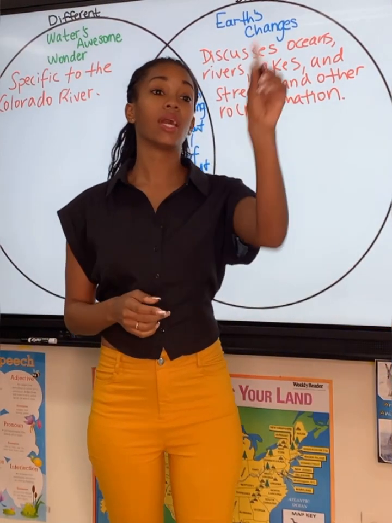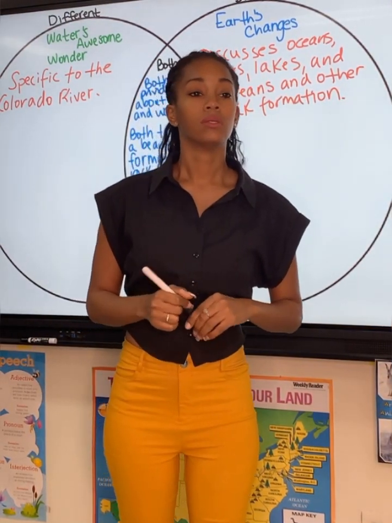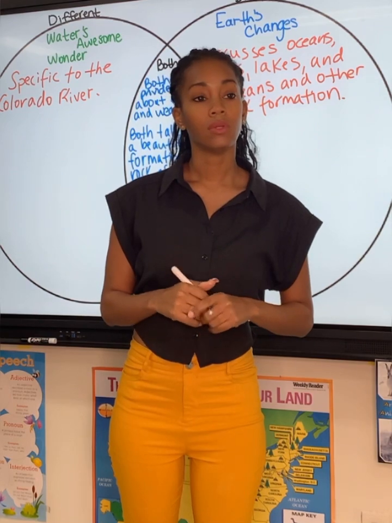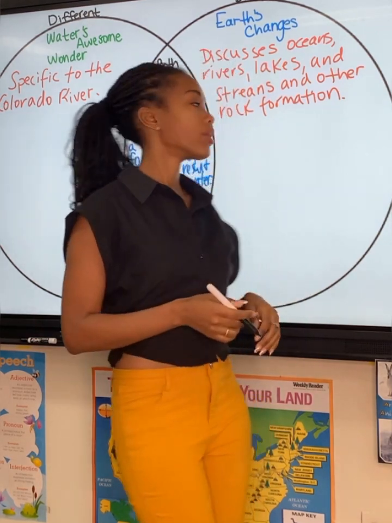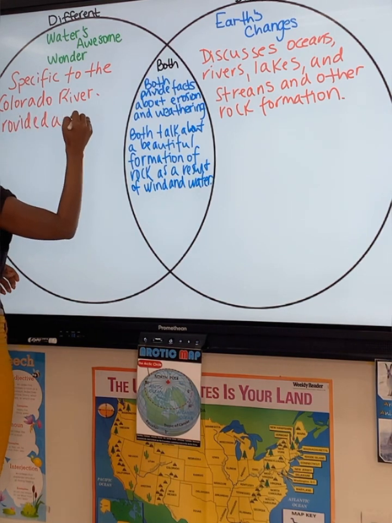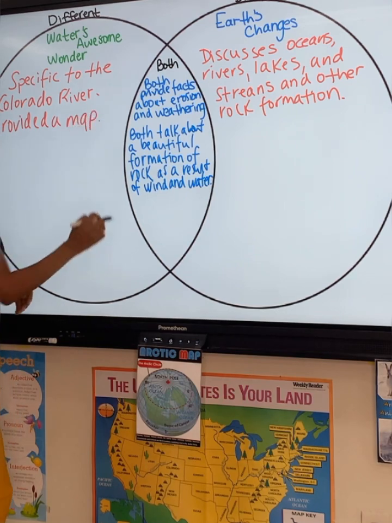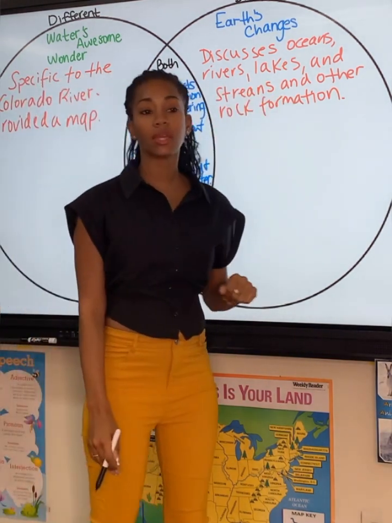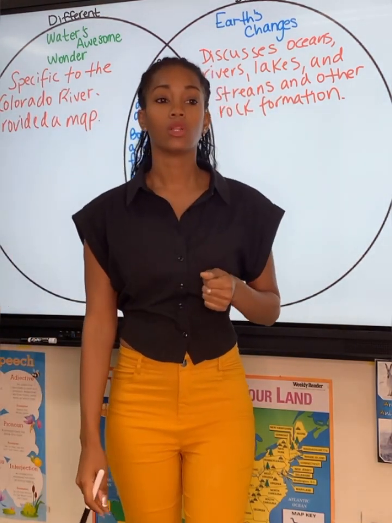Are they different? Yes. Water's Awesome Wonder has a map, but Earth Changes doesn't. Water's Awesome Wonder provided a map. And in Earth Changes, it did not give us a specific location.